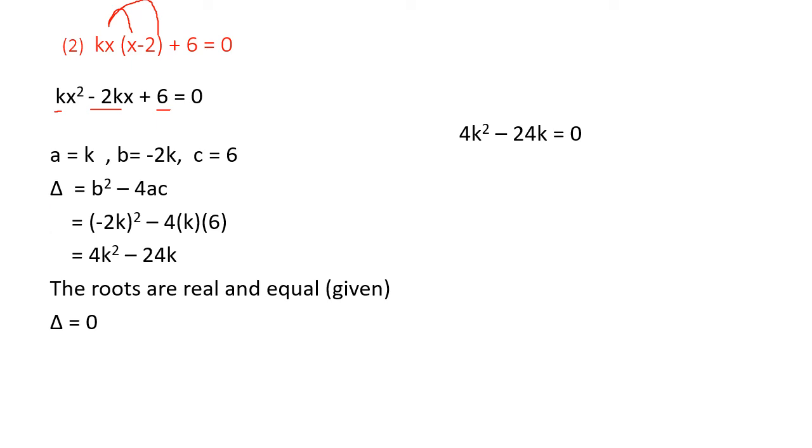See here, I shift this 24 on the other side. Okay, you can solve it in various ways you want. Then what I do, I bring k's on one side and numbers on the other side. So this k, if I bring there, it will go in the denominator. Yeah, and that 4 will go on the other side of the is equal to sign. So k square and k.